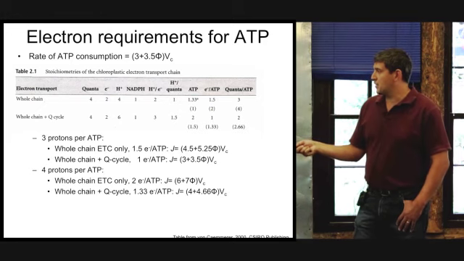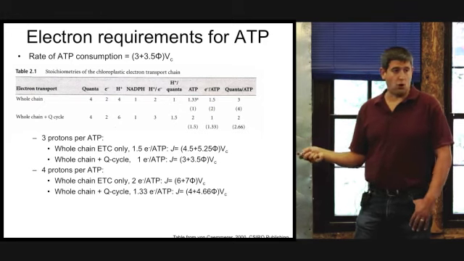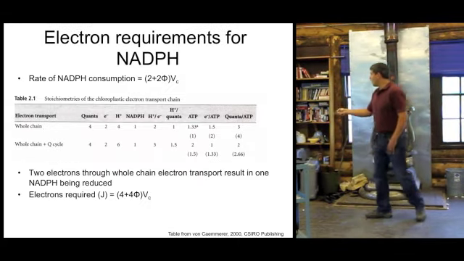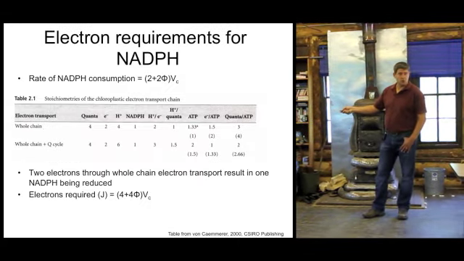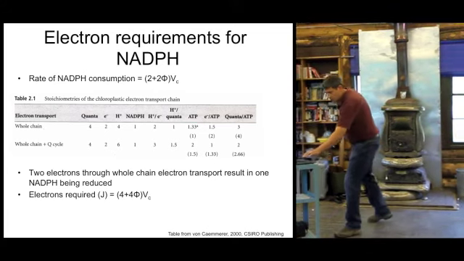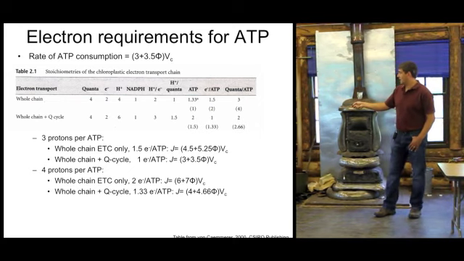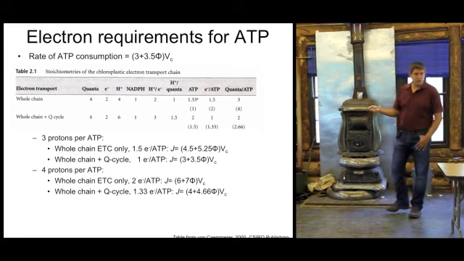Now, the problem with these two numbers, it could be either or, right? Except we know for NADPH that we need 4 plus 4 phi electrons, which means for ATP, this does not give us enough electrons to meet the demand for NADPH.